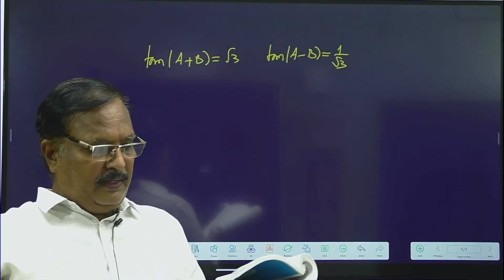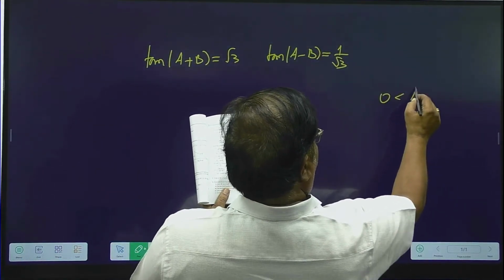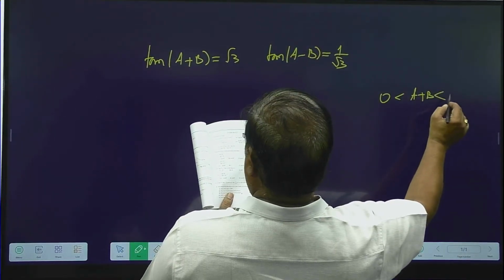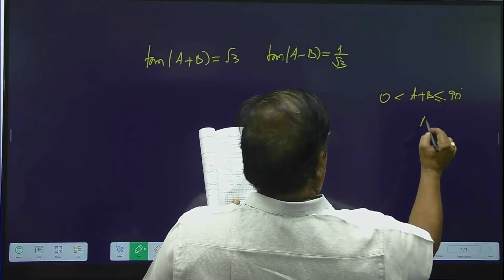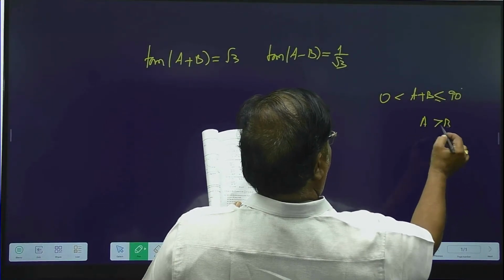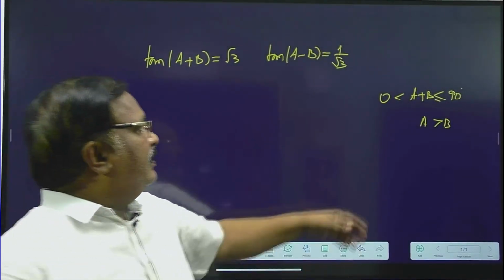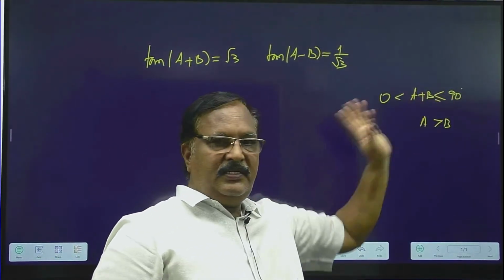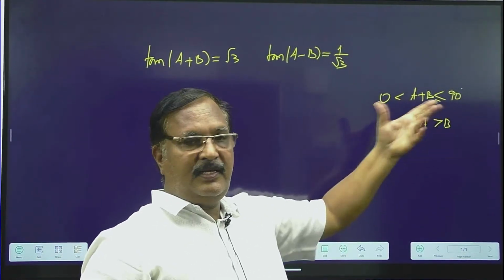And he has given conditions: 0 less than a plus b less than or equal to 90 degrees, and a is greater than b. So a plus b lies between 0 and 90 degrees, and a is greater than b.